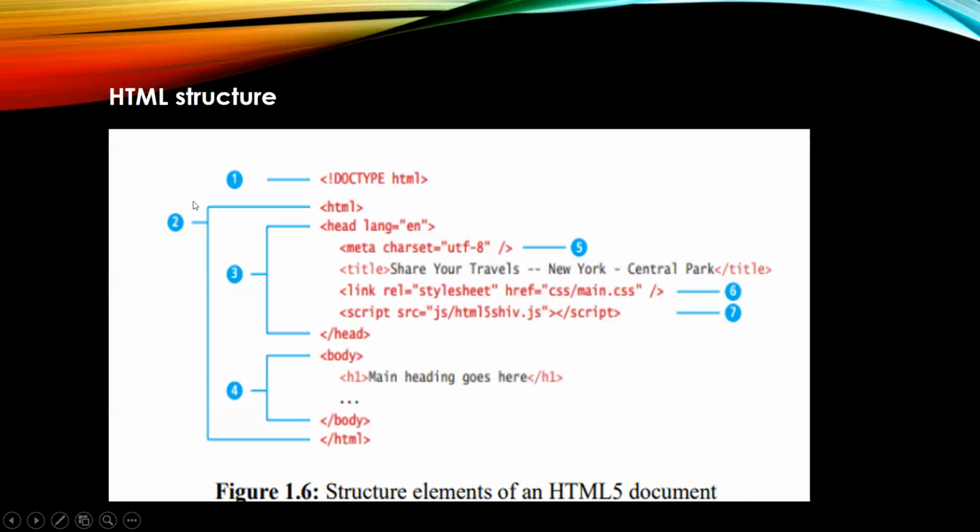Next, coming to the second item, that is html. The HTML element is sometimes called the root element as it contains all the other HTML elements in the document. It also has a language attribute, which is an optional attribute and tells the browser the natural language that is being used for textual content in the HTML document.